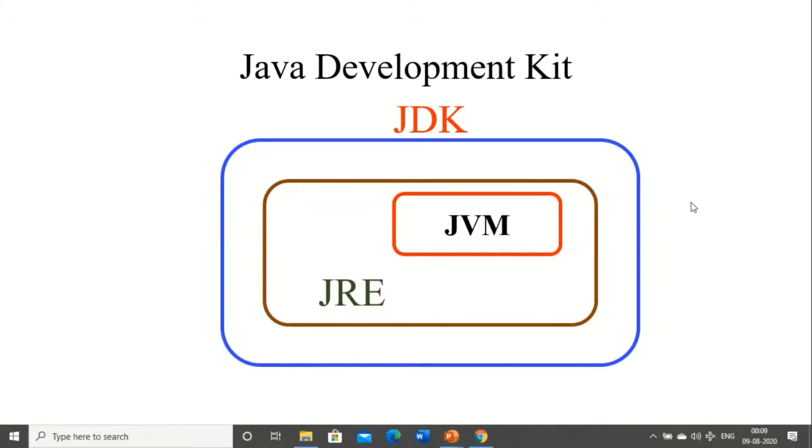But before running a Java program, you would need to set the class path. Now the question is, what is class path? Class path is an environment variable which is used by class loader, and class loader is one of the components of Java Virtual Machine, which I will explain later in this video.